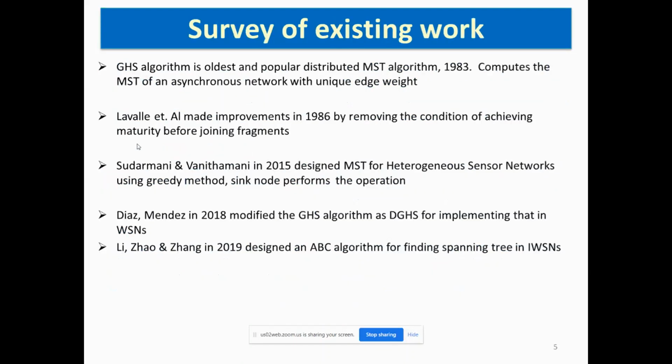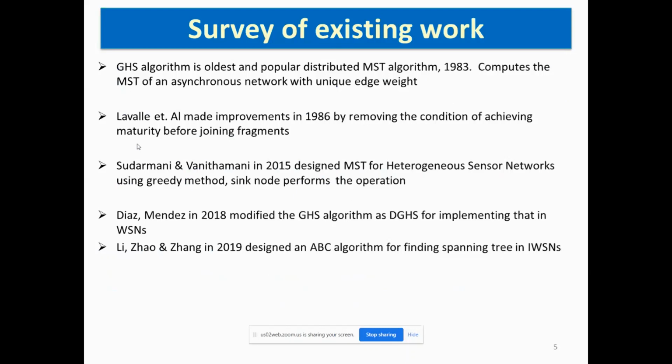If we look at the existing work, one of the most famous algorithms for finding the MST in a distributed network is the GHS algorithm, which talks about how we can join different fragments in order to make a minimum spanning tree.